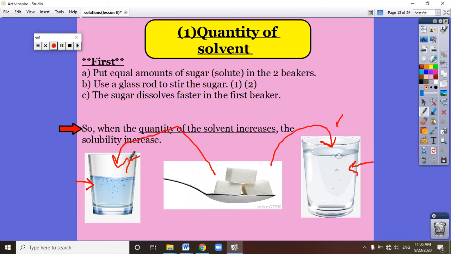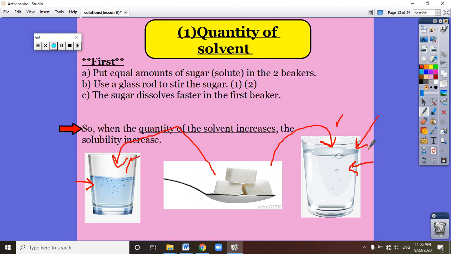We will put here 3 cubes of sugar, and here also 3 cubes of sugar, and let it dissolve. In which one will the sugar dissolve fast? The glass of water that contains a small amount or a large amount of water? Very good. The glass that contains a large amount of water.